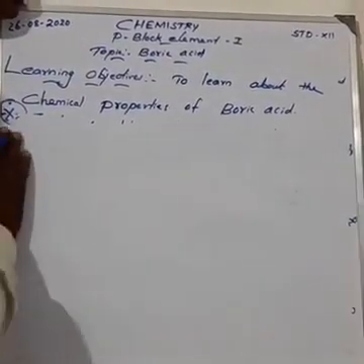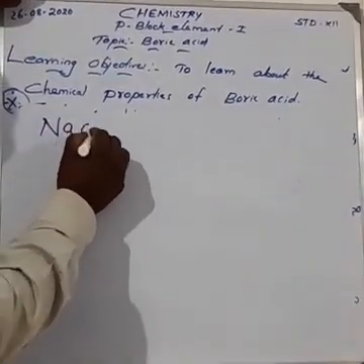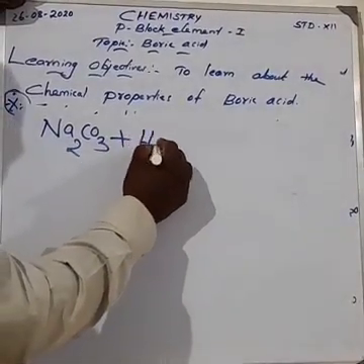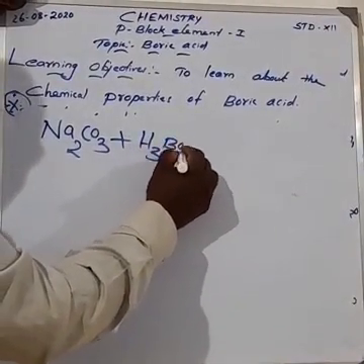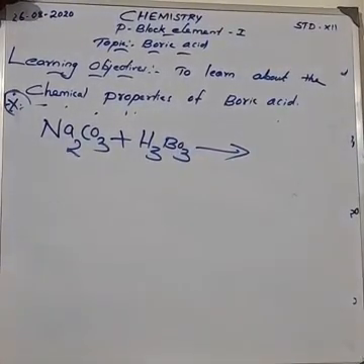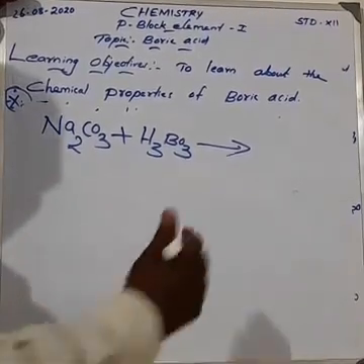What is the formula for sodium carbonate? Na2CO3. Boric acid on react with sodium carbonate, we get borax. What is the formula for borax? Na2B4O7.